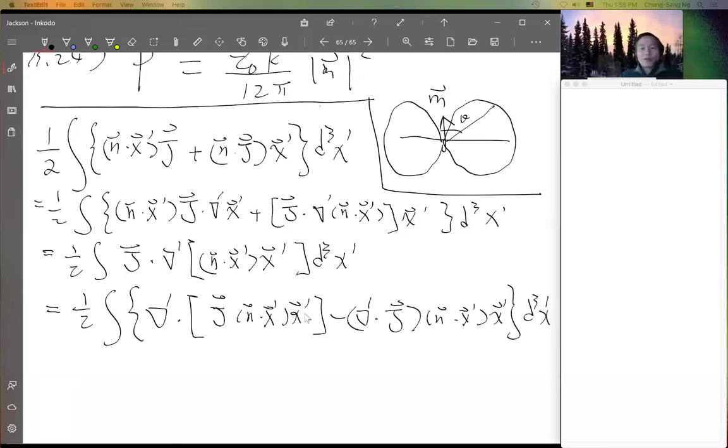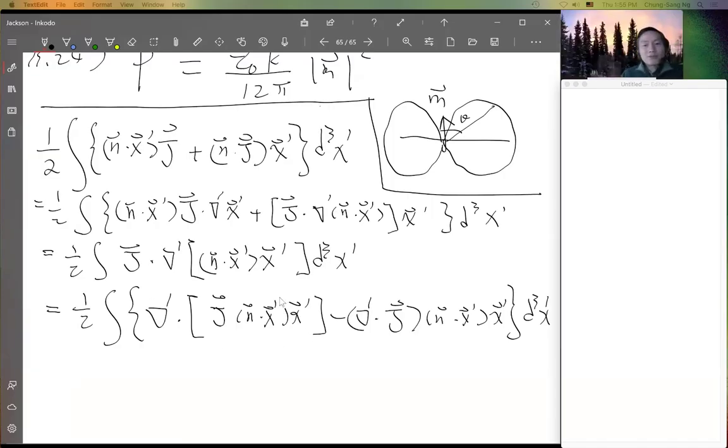So basically the divergence of this vector will give you this one plus this one. So you can write this vector as the divergence of this, subtract this one. That's basically what we do in integration by parts.